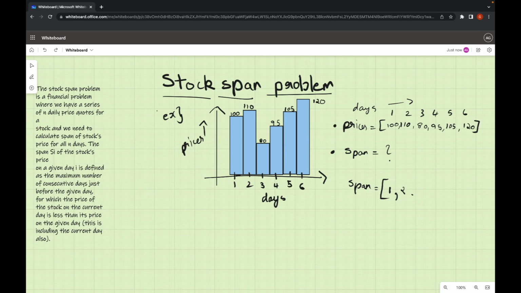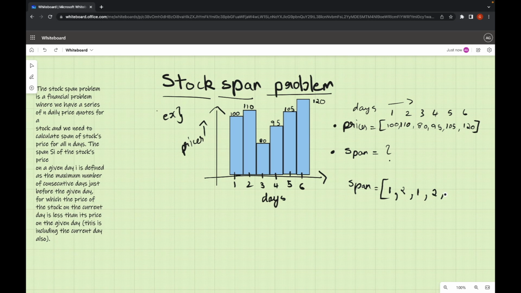On day 3 the span is 1 again because 80 is less than 110. On day 4 the span is 2 because 95 is greater than 80, and you count day 4 also, so it's 1 plus 1, which is 2.